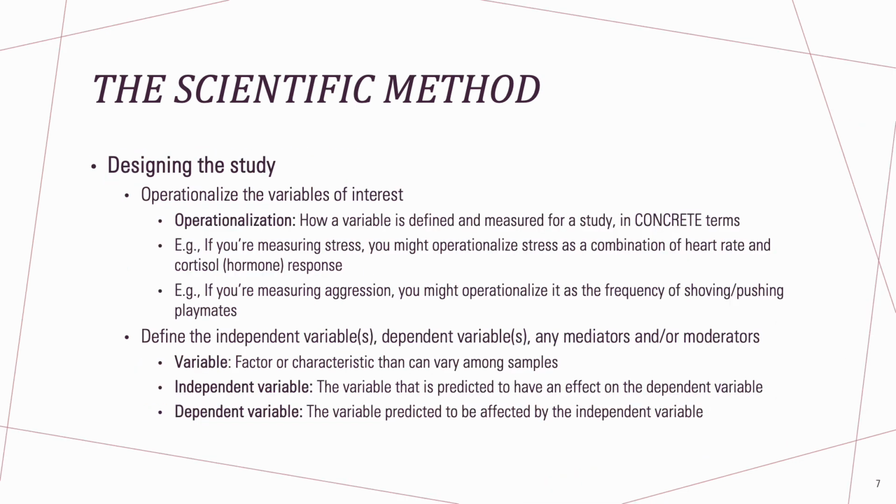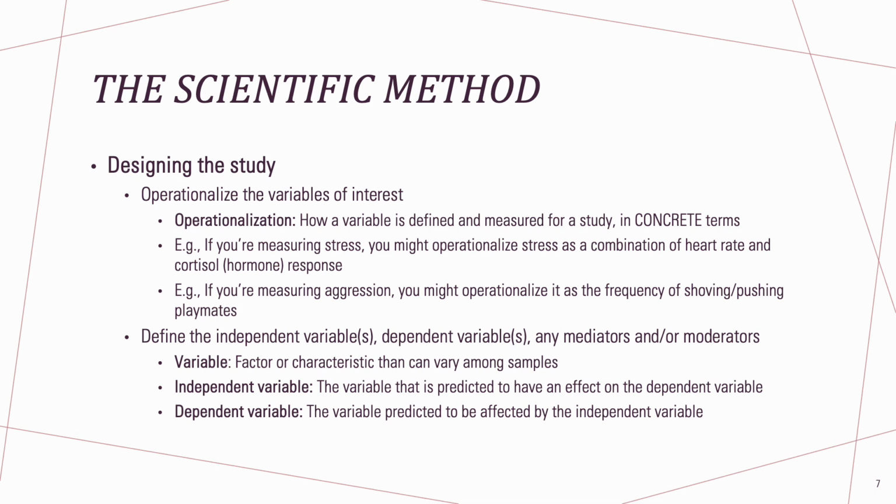So once you've generated your hypotheses and your predictions about the relationship between these variables that you're studying, and you've identified that it makes sense with the literature, then you can go about designing your study. And so when we're designing our study, we need to make sure that we can actually test the measures that we are interested in.